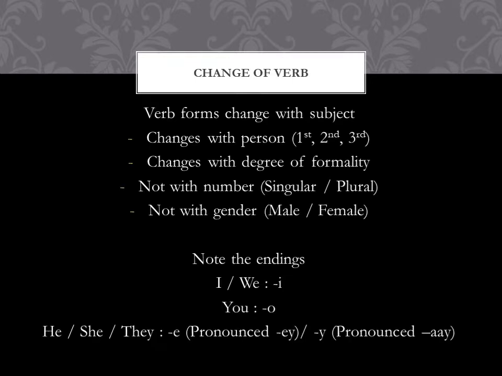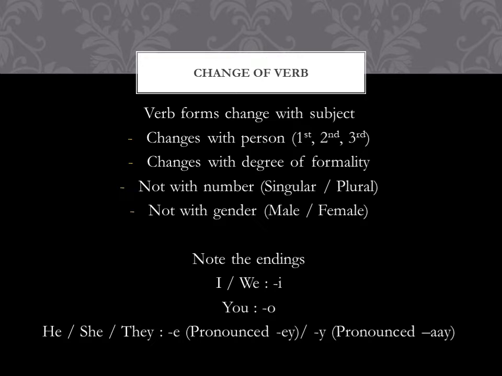This slide is one of our most favorite ones. We have all gone through this before. Verb forms change with person, first, second, or third person. It changes with degree of formality, and we are only learning the semi-formal version as of now. It does not change with number, singular or plural, and it does not change with gender, male or female.